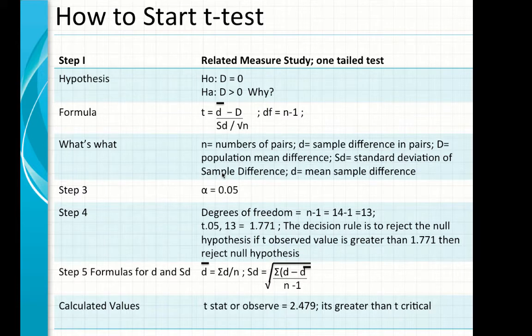The formulas listed in this slide are what we have used to calculate t. The t-test for dependent measures uses the sample difference d between individual matched sample values as the basic measurement of analysis instead of individual sample values.